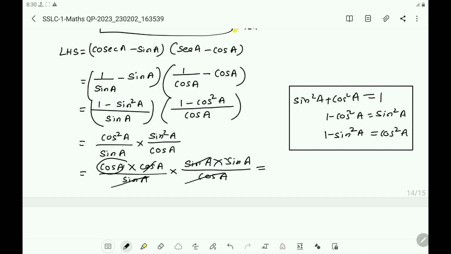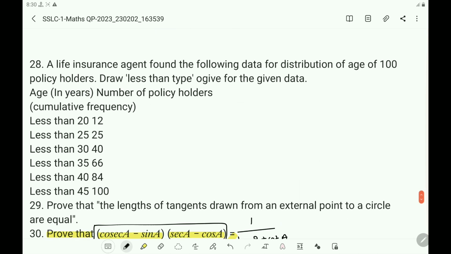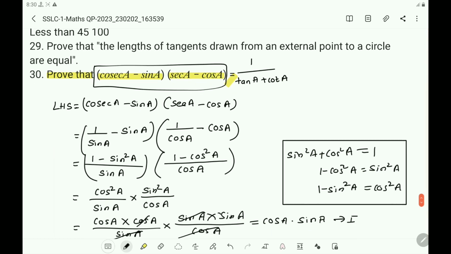So you will get cos A into sin A. Consider this is first. Cos A into sin A. Now you take the RHS.